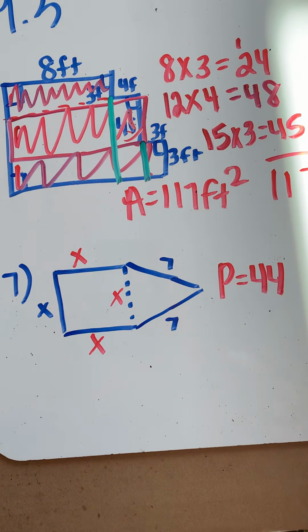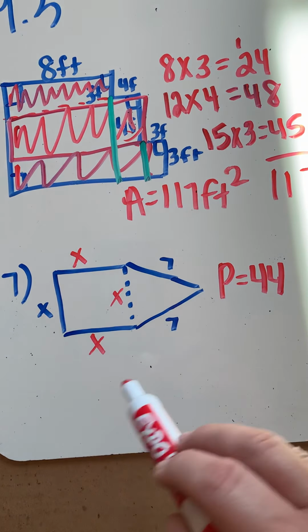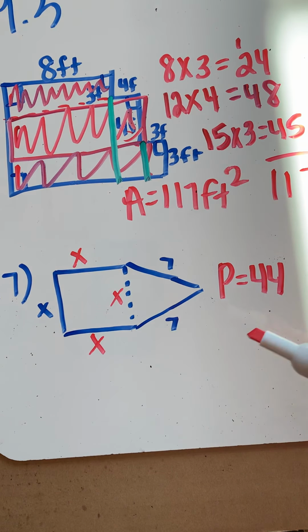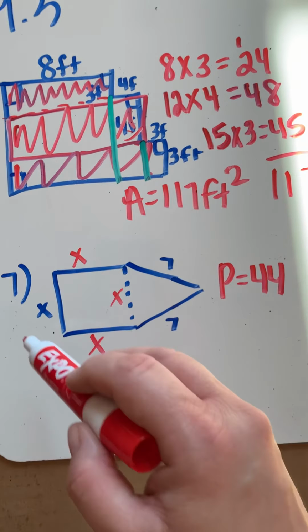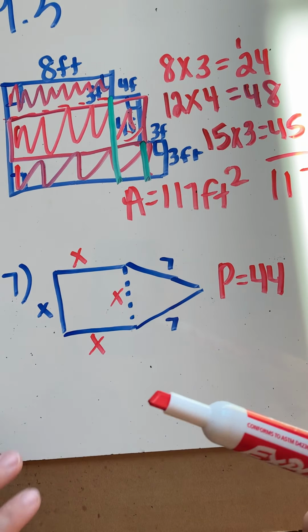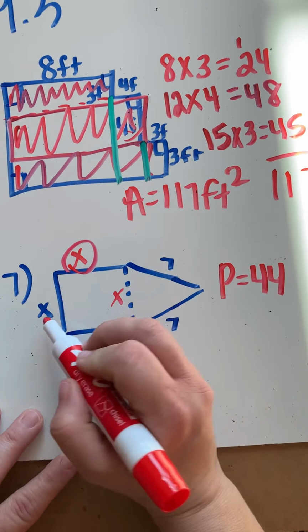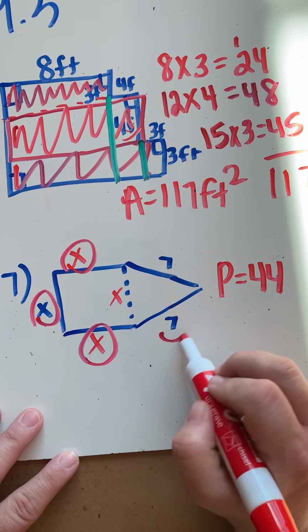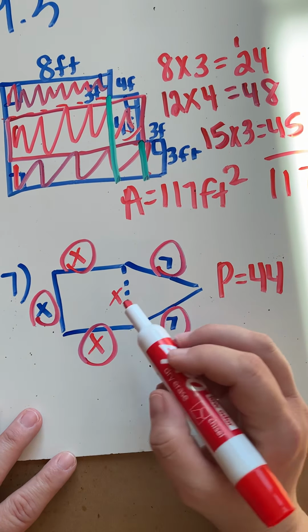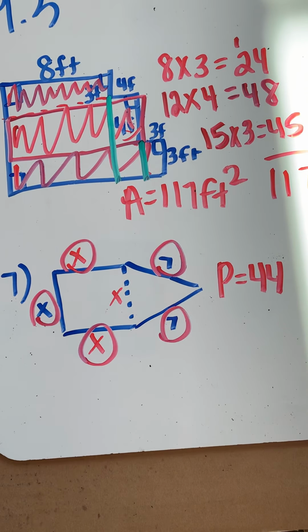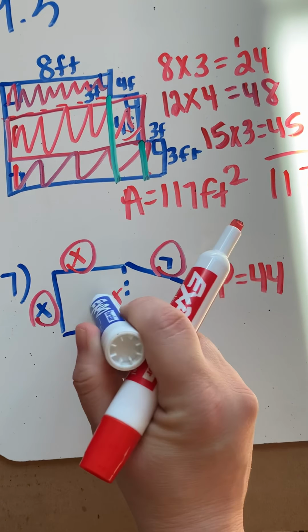So what we're going to do, we're going to take all the outer edges, add them together, and set it equal to 44, because perimeter is just adding up all the outside. So we're going to take, this is an outside, this is outside, this is outside, this is outside, and this is outside. This is not outside. Do not count this X, okay?